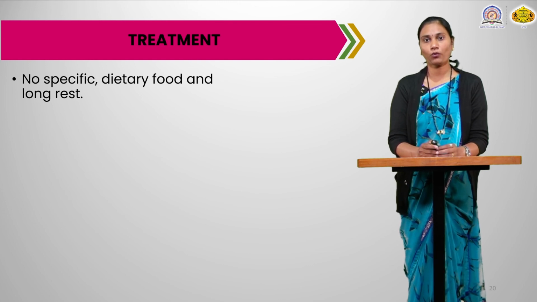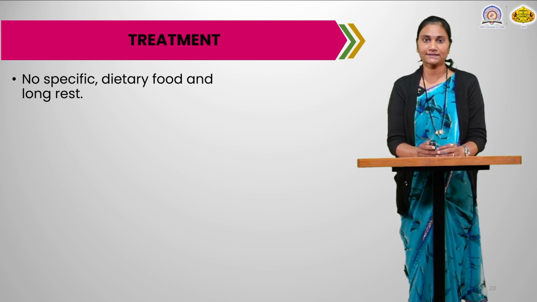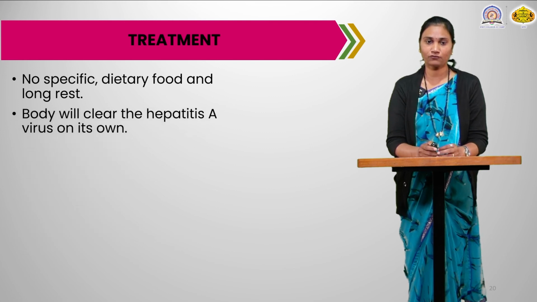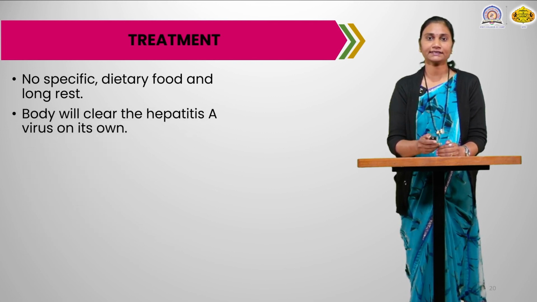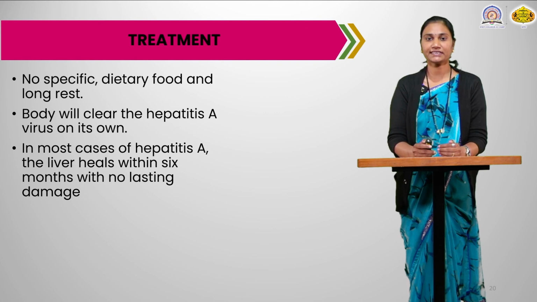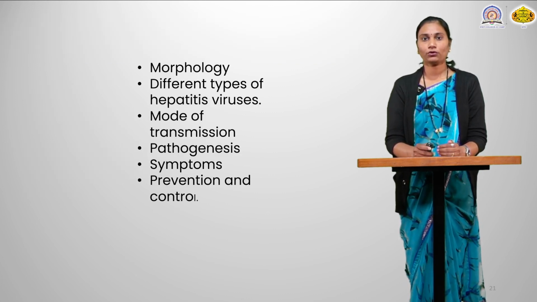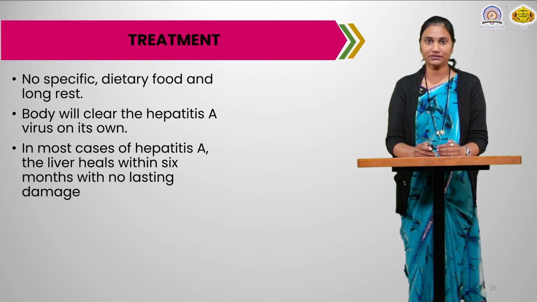The best way to get cured from hepatitis A infection is proper diet and a long rest. Generally, as I told you, the body itself clears the hepatitis A infection, and if your liver is damaged, it is self-healed within a period of 6 months. So, this is all about the treatment and prevention of hepatitis A virus.